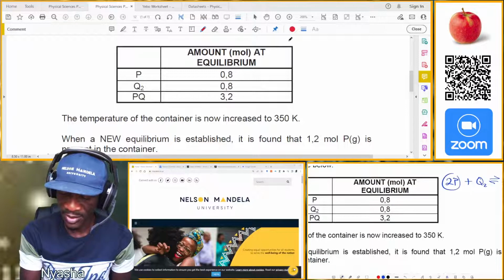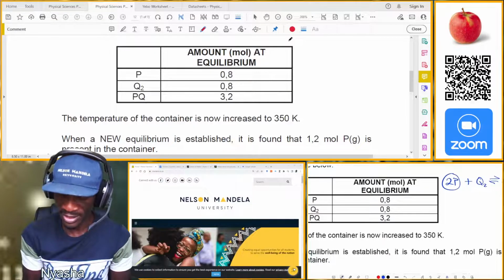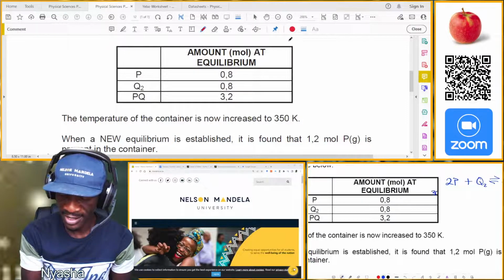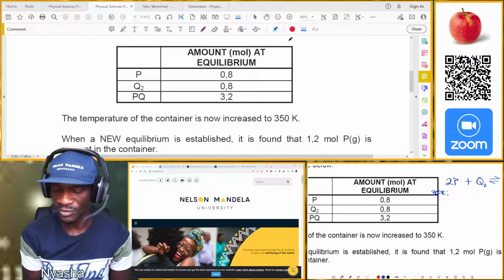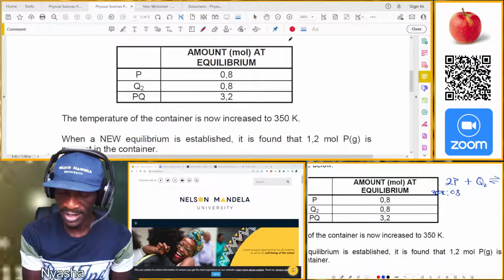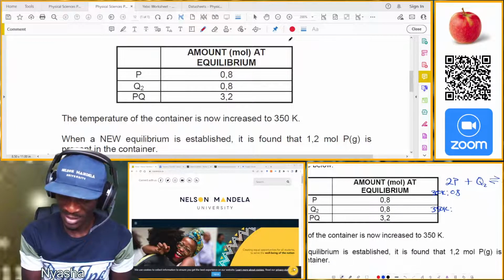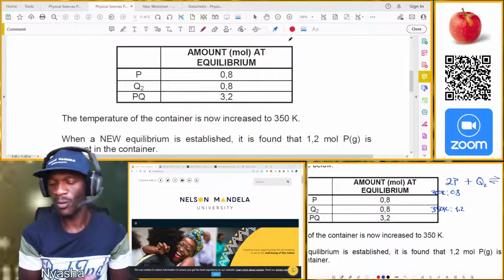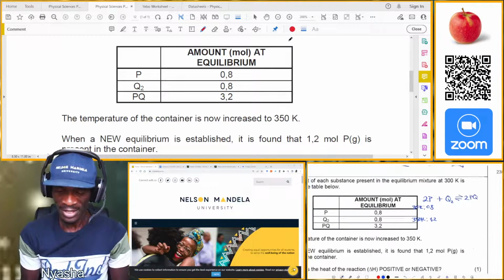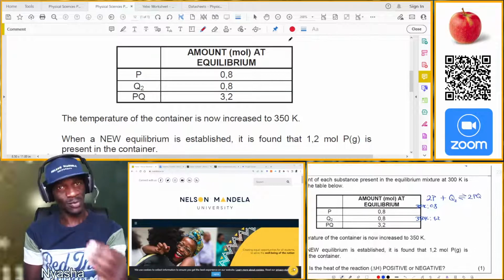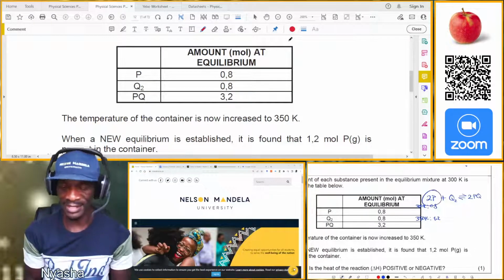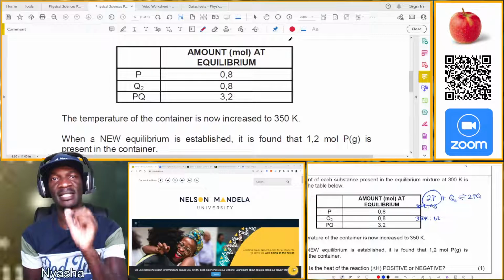At 300 Kelvin, the amount of P is 0.8, and then at 350 Kelvin, the amount of P is now 1.2 mole. The reason why P increased is that the temperature was increased.